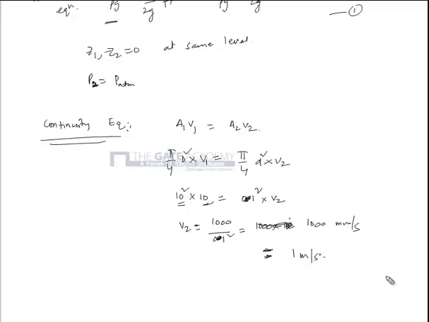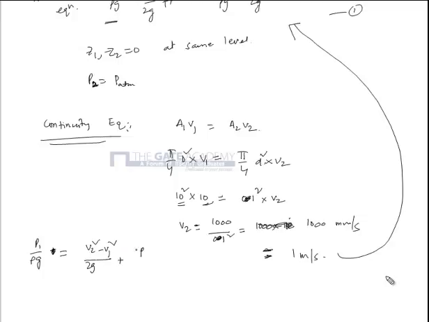Let's use the Bernoulli equation and substitute the values. P1 by rho g plus V1 square, where V1 is given as 10 mm per second. Let me keep P1 by rho g on one side and send everything else to the other side: V2 square minus V1 square, plus P atmosphere by rho g.